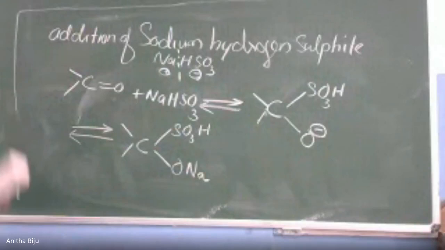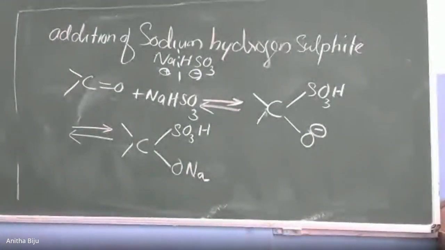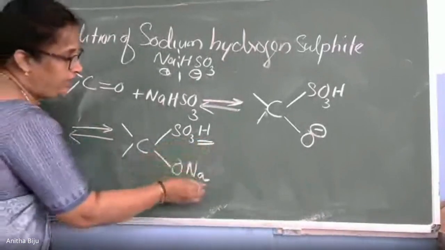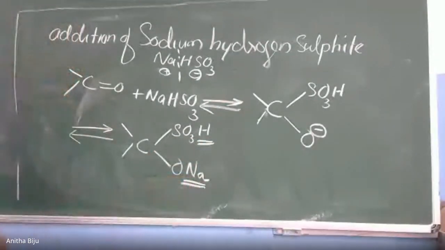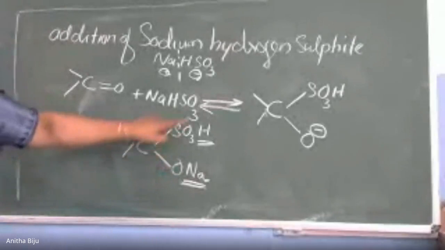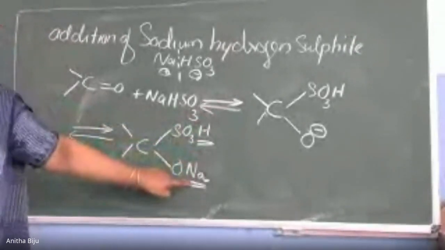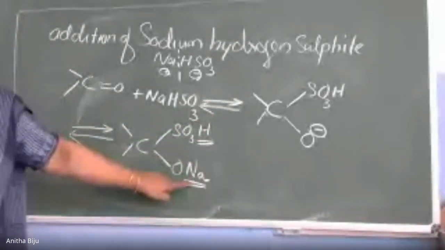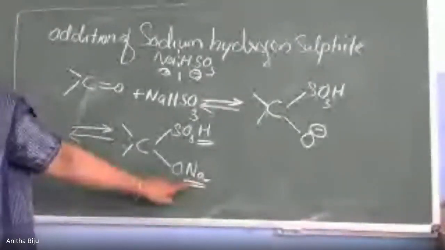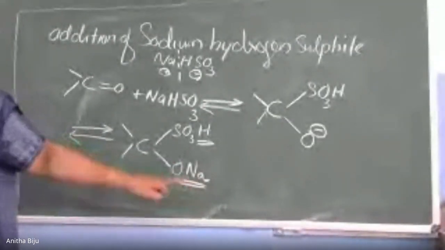But this is not the last product in this reaction. The reason is, look at this side, H and Na. When we compare the affinity towards the oxygen atom, H and Na, which has more affinity towards oxygen? Hydrogen has more affinity towards oxygen.